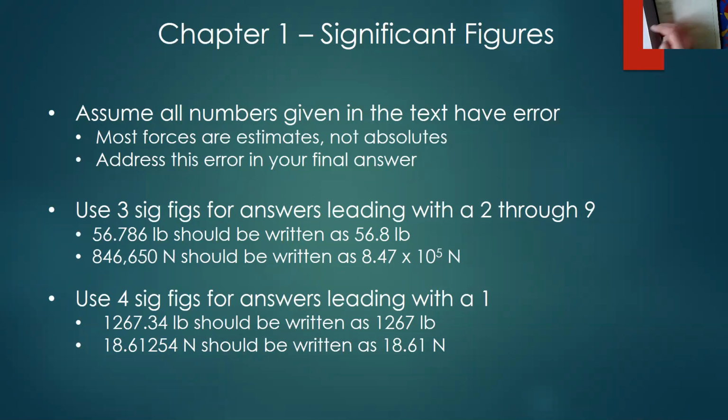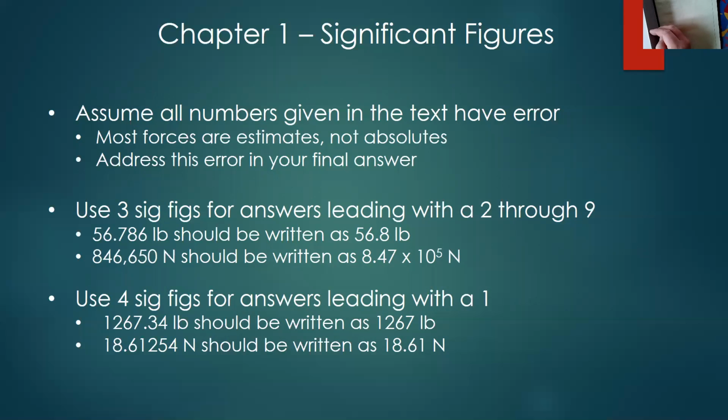The rules are that we will use 3 significant figures for answers where the leading number is a 2 through a 9. What does that mean? If you have a number like, in my example here, 56.786 pounds, then you're going to write that as 56.8 pounds, rounding the 7 up to an 8.